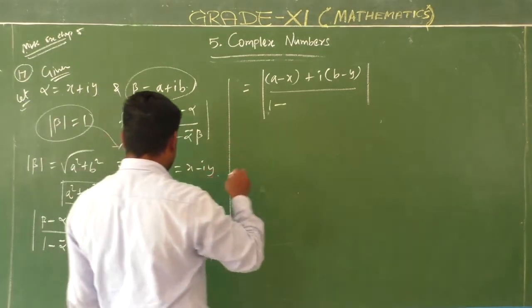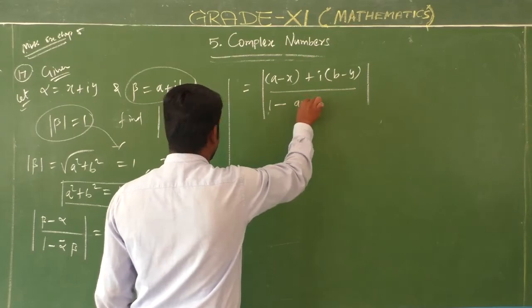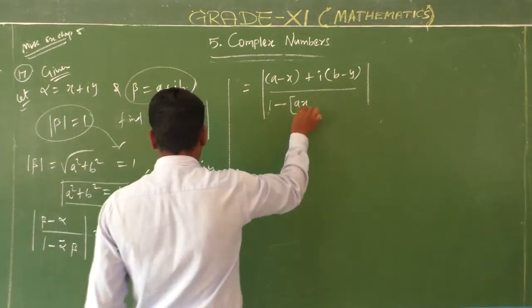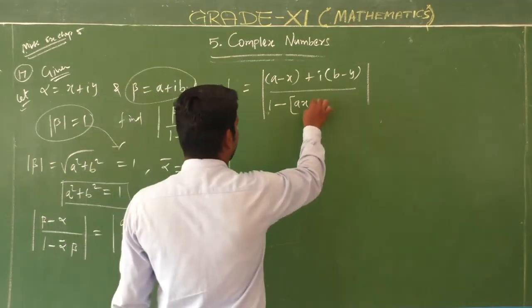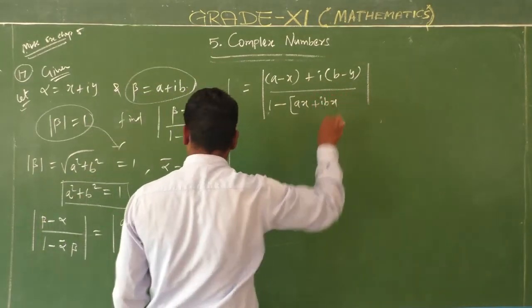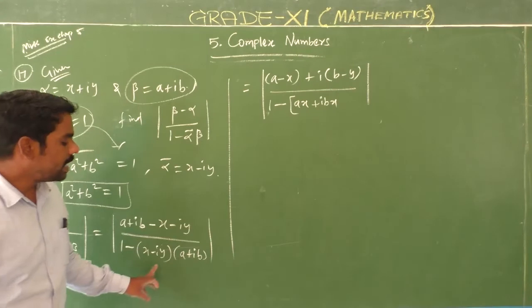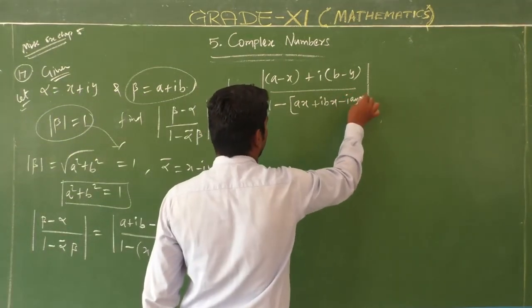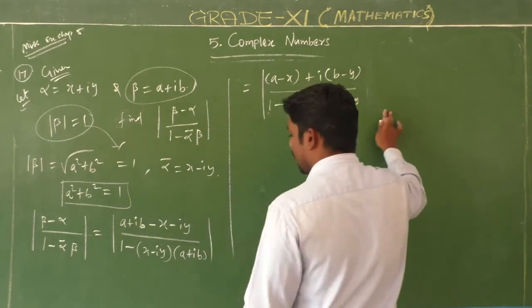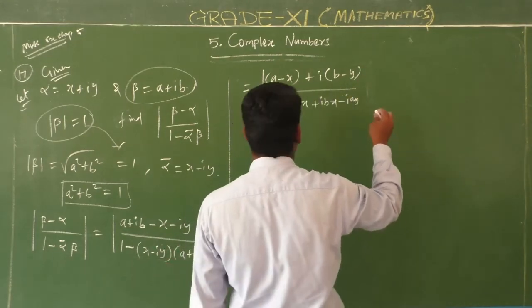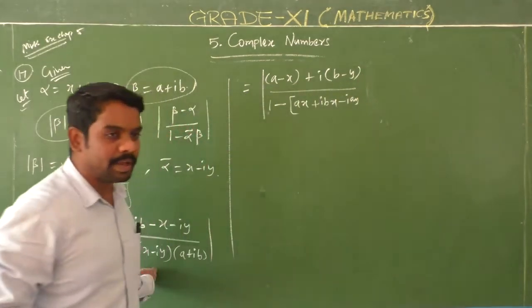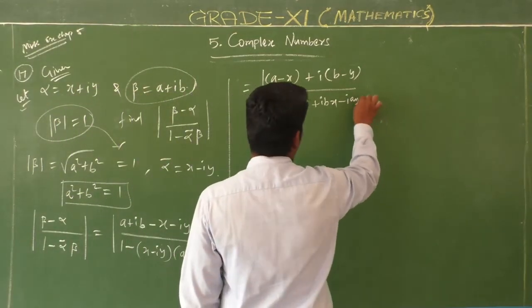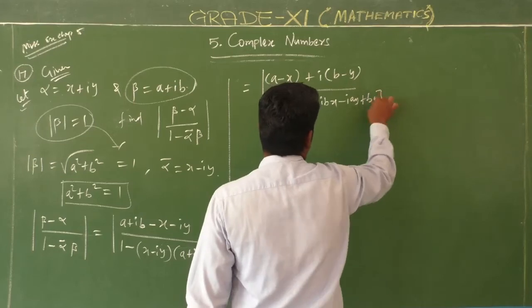So 1 minus x into a is ax, x into ib is i bx, minus iy into a is minus i ay, minus iy into ib is minus i squared by. Minus i squared value is plus 1, so plus by.